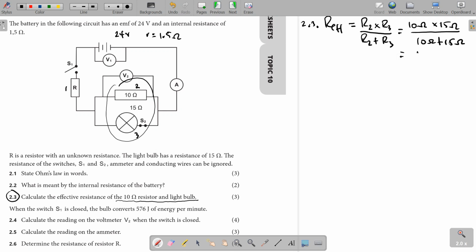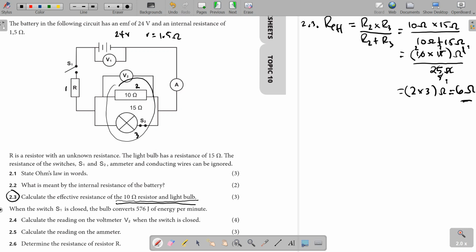So from here, it will be 10 times 15 ohms squared over 25 ohms. This cancels with that. And 5 into this is 2, 5 into this is 5, 5 there 3. We get a 2 times 3 ohms, which gives us 6 ohms. That's the effective resistance across the resistor and the light bulb.